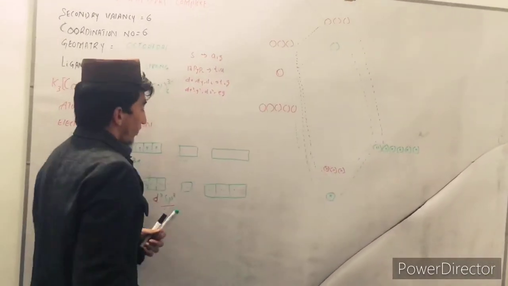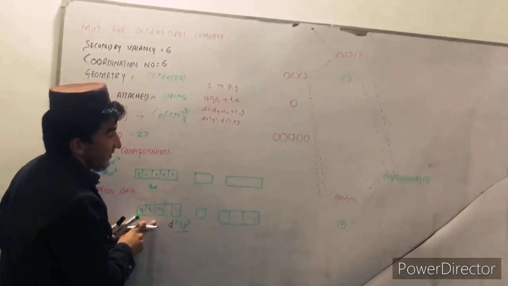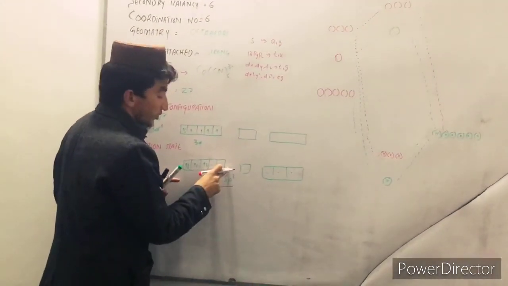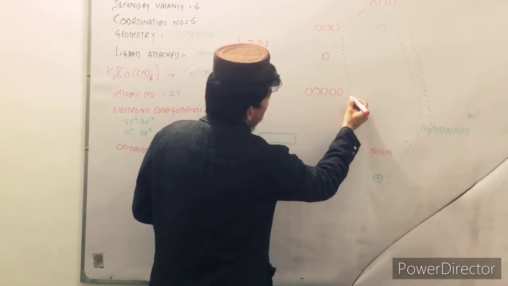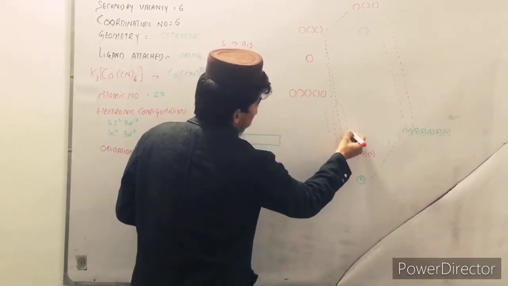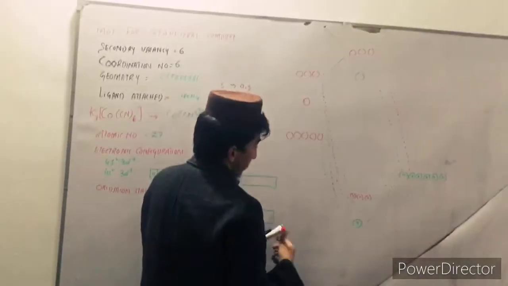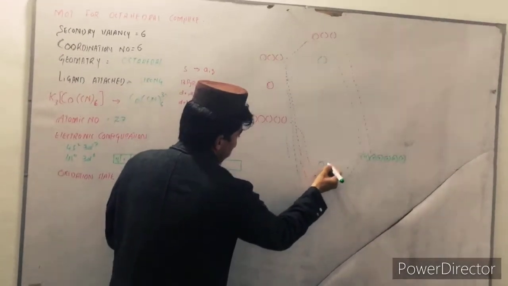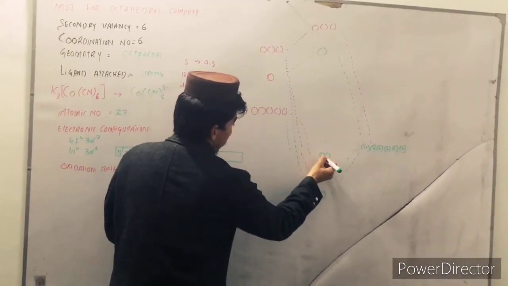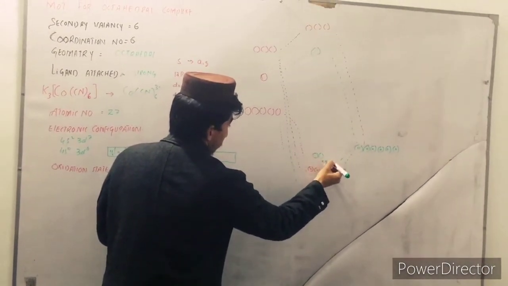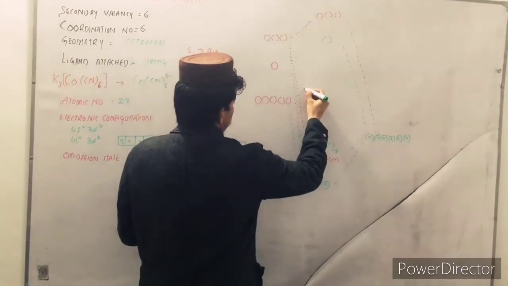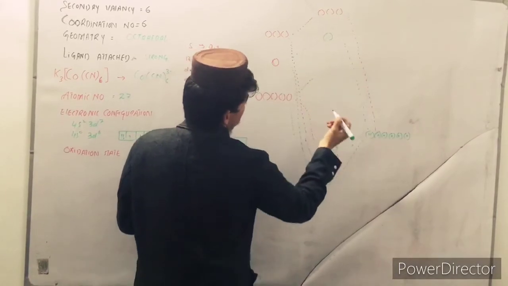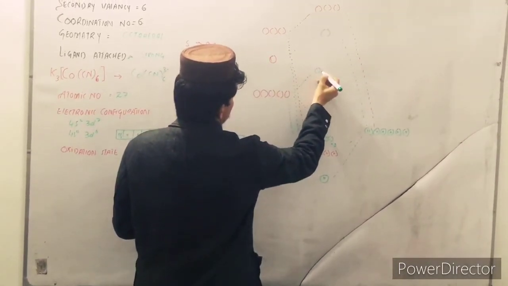Similarly, as you know, all the d orbitals remain non-bonding and only 2 make bonds. So these 2 will be over here. These are the dz square and dx square minus y square, which are known as Eg, and there will be the presence of their anti-bonding, which are over here.